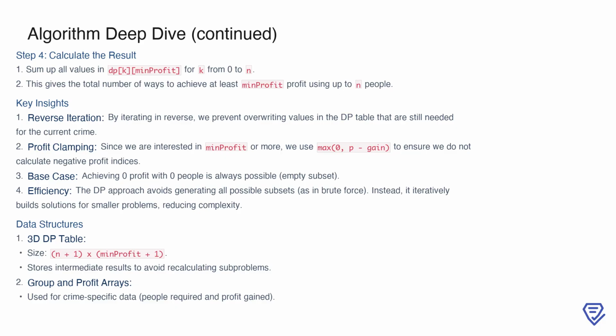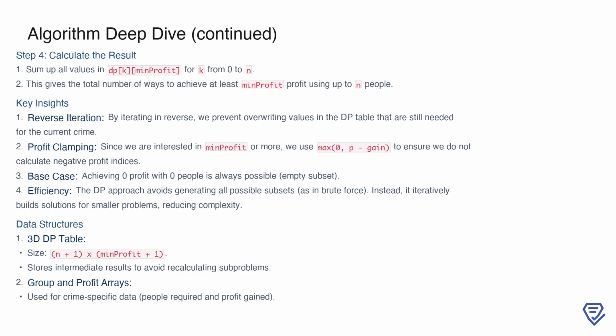There are several key insights to highlight here. First, the reverse iteration over the dp table is crucial for preserving the integrity of earlier states. Second, the use of max, 0, peak gain ensures that we do not attempt to access negative profit indices, effectively clamping the profit to 0 when necessary.